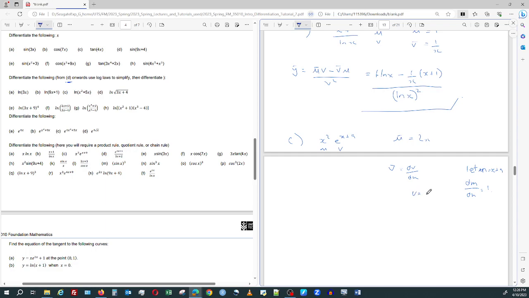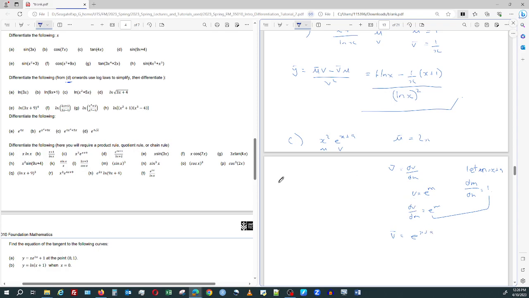v is e to the m. So dv dm is just e to the m. And that's our chain, 1 times e to the m. So v dash is simply e to the m, which was x plus 9.